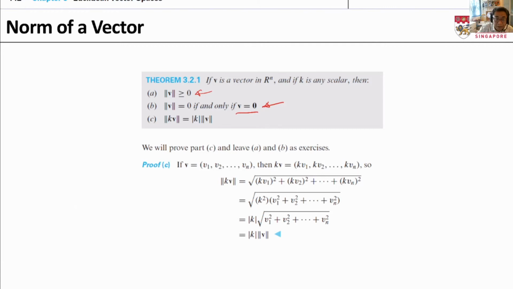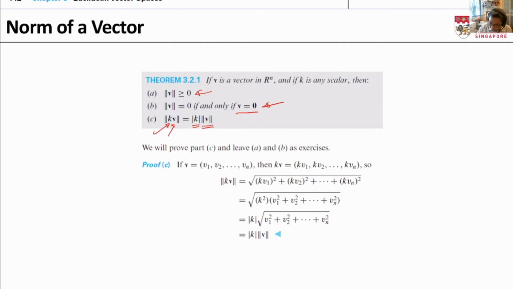The third property is a scalar k multiplying the vector v. What is its norm? The answer is that its norm will be the absolute value of k, the scalar, multiplied by the norm of v.